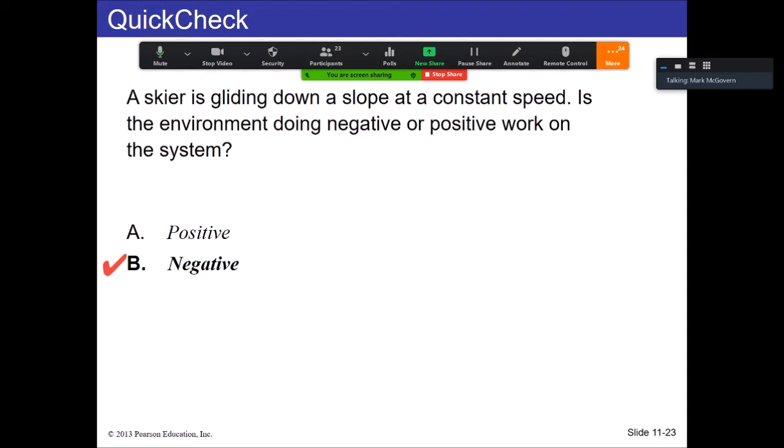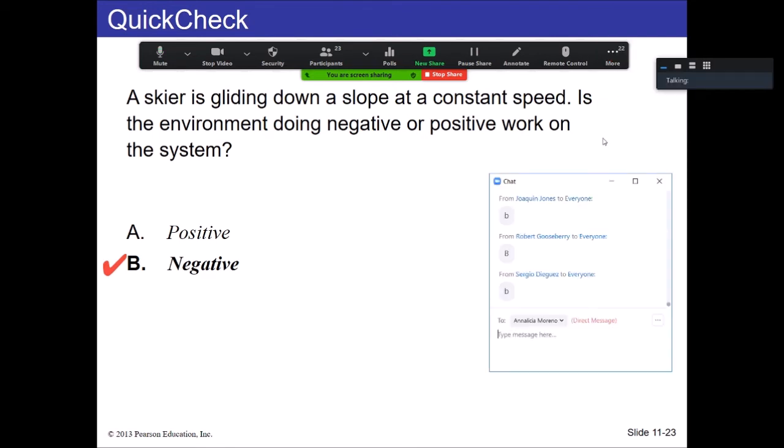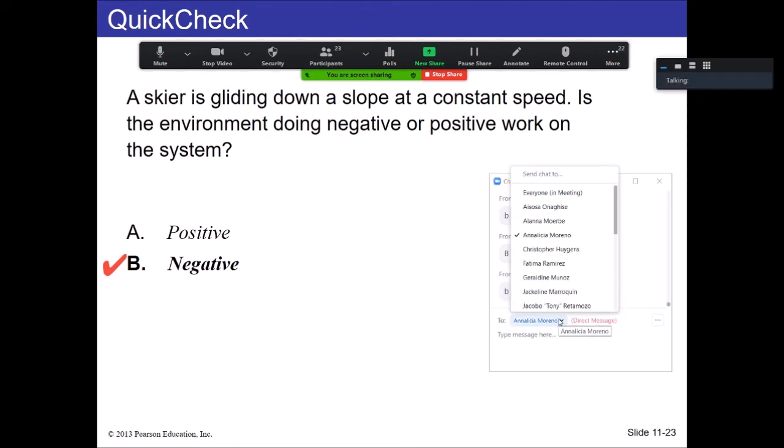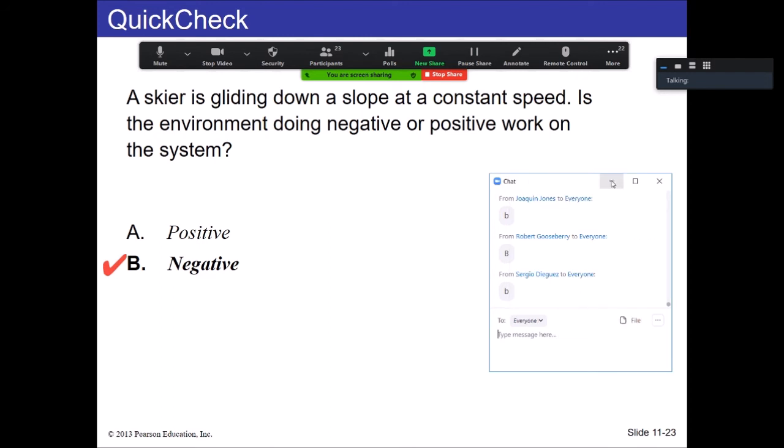Gravity is doing positive work here, and as a result, the net work is zero, and the speed is constant. Sounds good. I'm very happy you guys said the right letter, because it's right, and you're learning something. That's my job to teach you. You're supposed to learn. You're doing it. I think things are working.